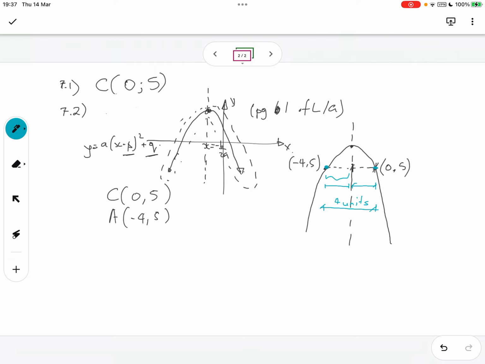It's 4 units long because to go from the point where x is 0 to the other point, we count -1, -2, -3, -4 paces. And we know that halfway, that's where we get our axis, our turning point axis.